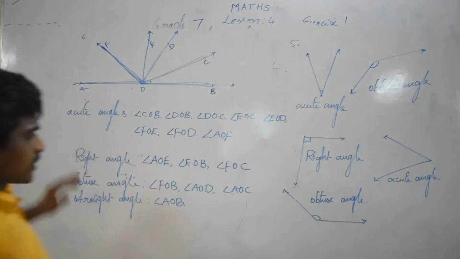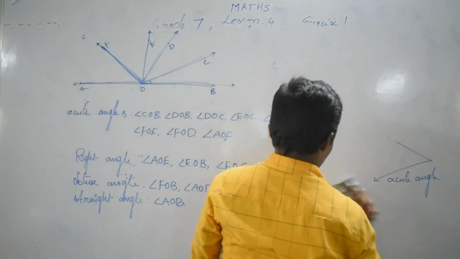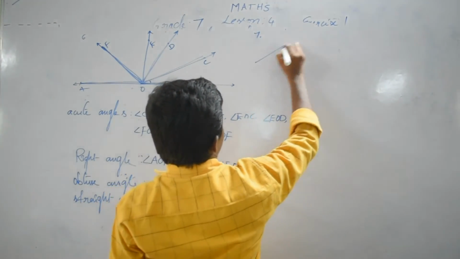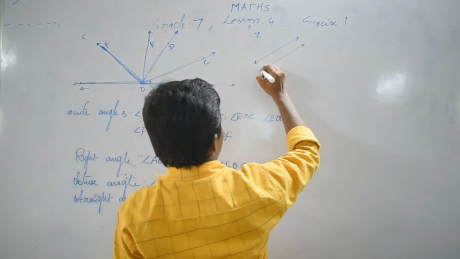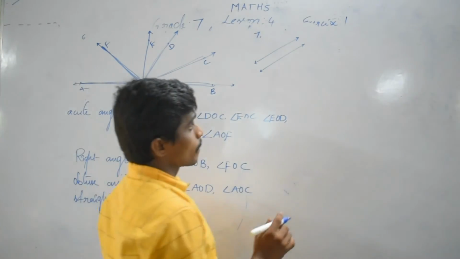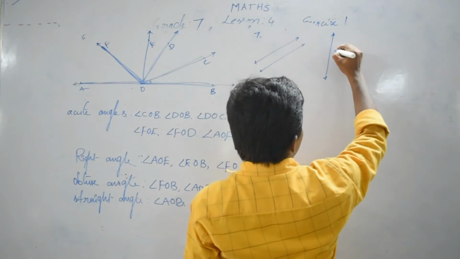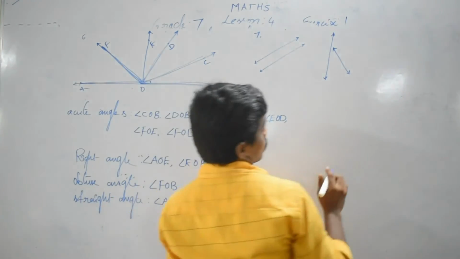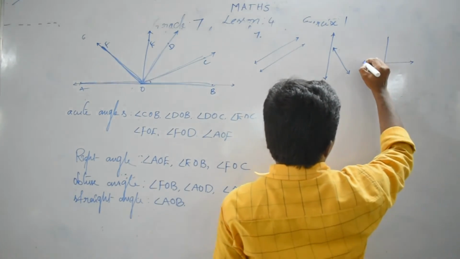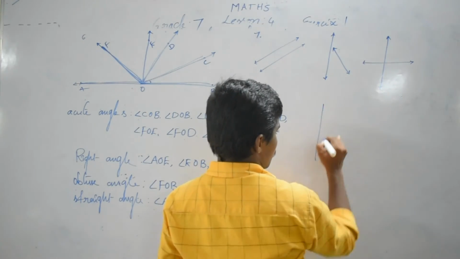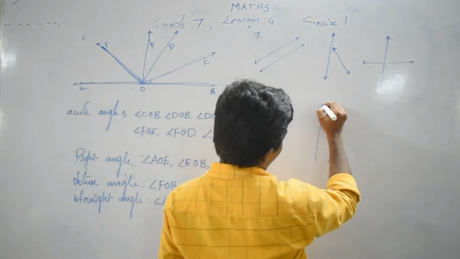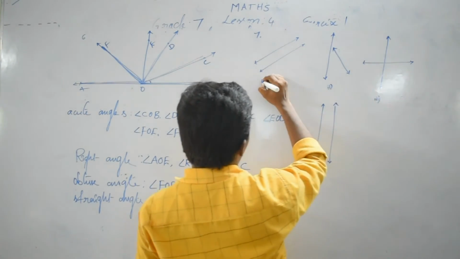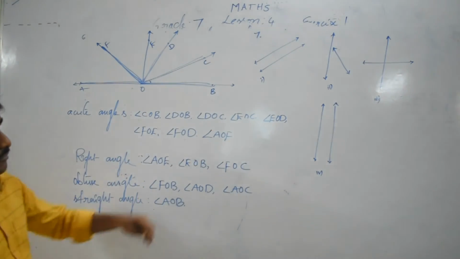Next problem. Which of the following pairs of lines are parallel? Why? This is the seventh problem. Here 4 figures are given, 4 problems.